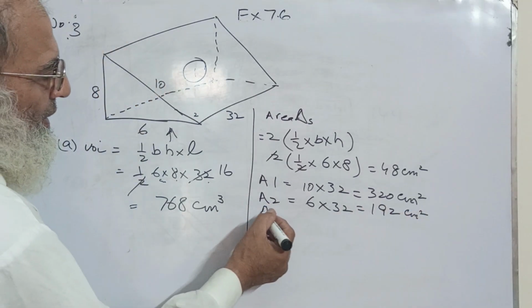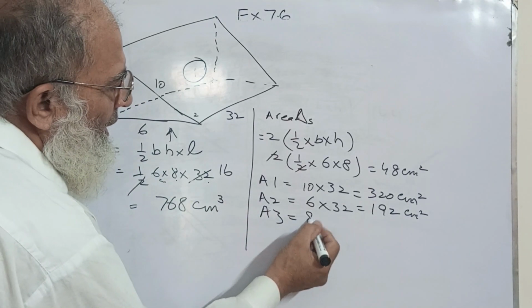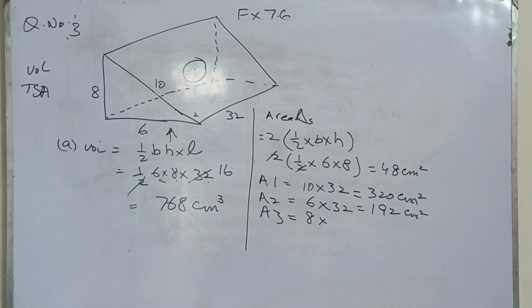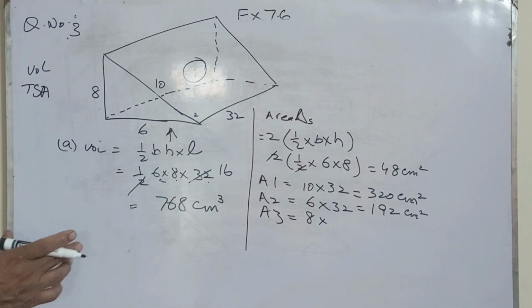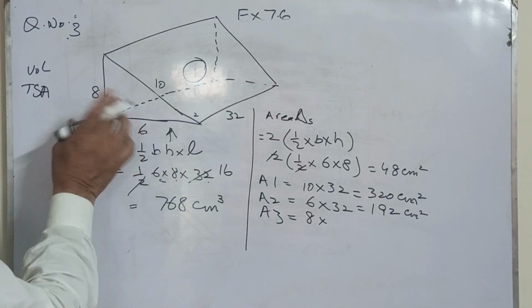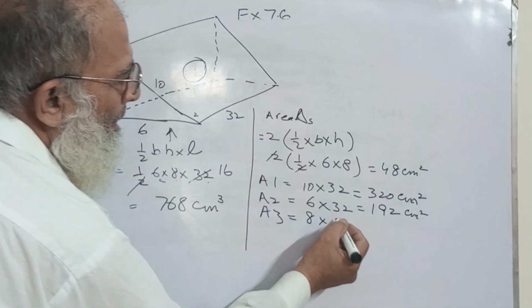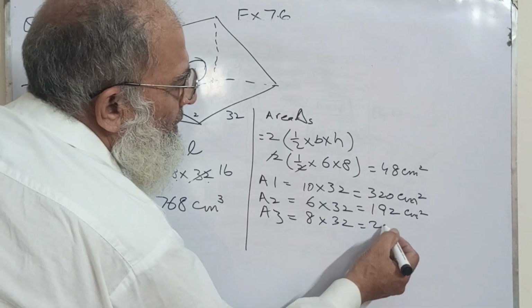And the third, A3, is this one: 8 multiplied by 32, that is equal to 256.